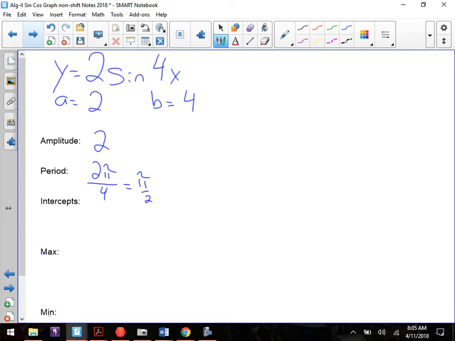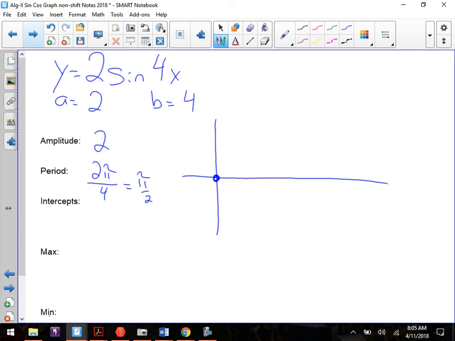So now what I do is I plot my little sideways t-chart. I know I'm going to start, sine value always starts at 0. Whether the amplitude is positive or negative, a parent function of sine will always start at 0. Because the sine of 0 is 0, no matter what. And then the amplitude times 0 will always be 0.